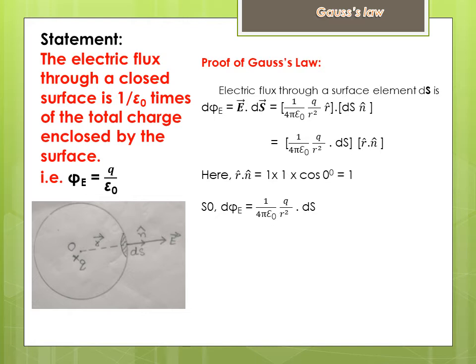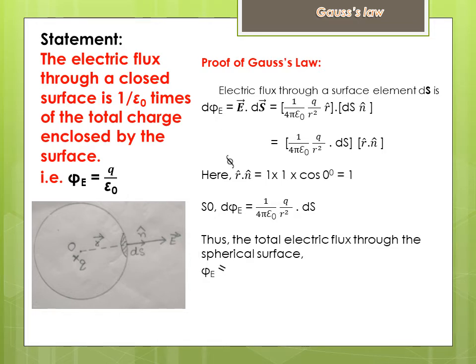But our aim is to find the total flux through the spherical surface. So we have to add all the flux coming out from such small area elements, and that will be the surface integral of E dot ds, and that is 1 by 4 pi epsilon naught q by r square, which is the value of electric field, times the summation of all element areas, which will be 4 pi r square.